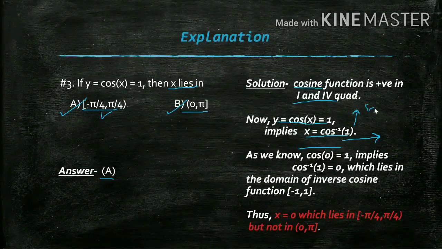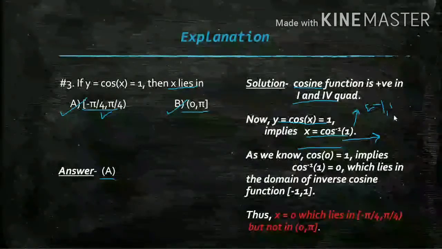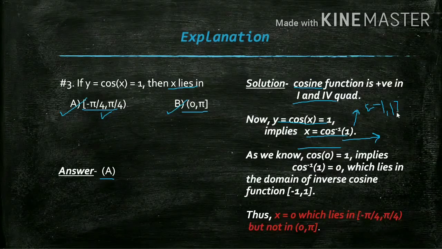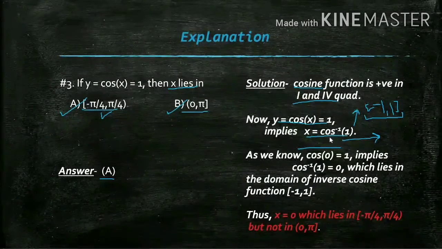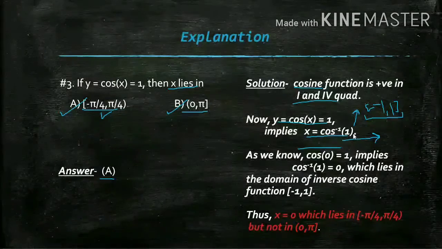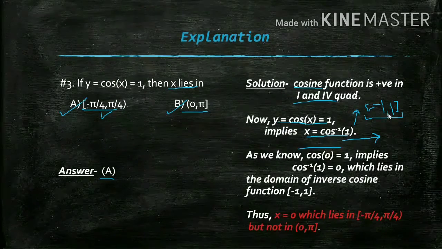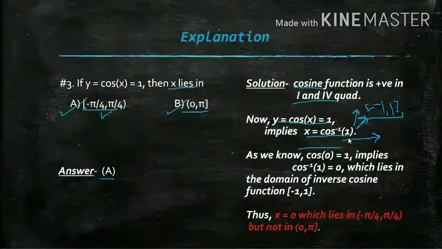It's the closed interval minus 1 comma 1, if you remember. And 1 lies in this interval. So that means cos inverse 1 is defined.